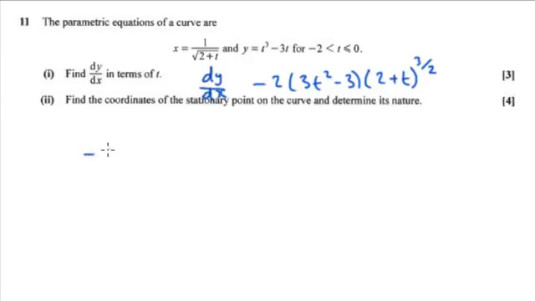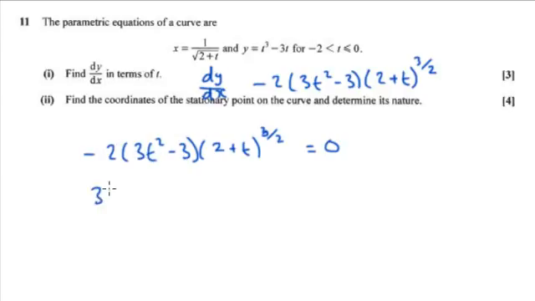So minus 2, 3t squared take 3, times 2 plus t to the 3 over 2. That's a 3, that's a 2, equals 0. So the minus 2 we can ignore.